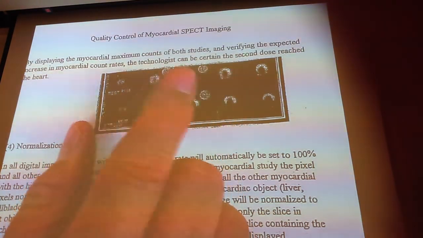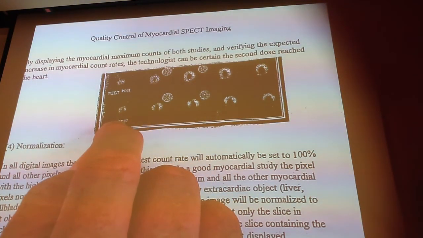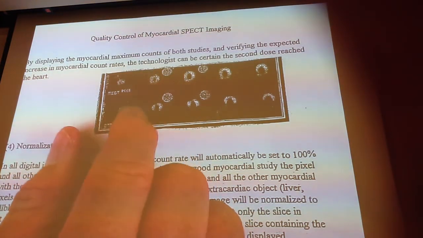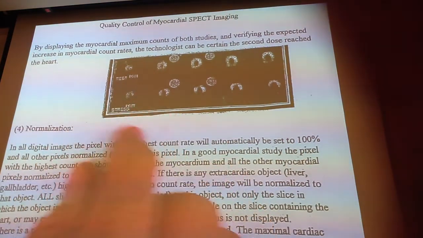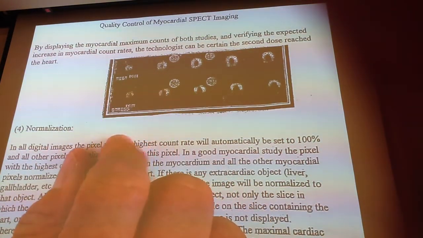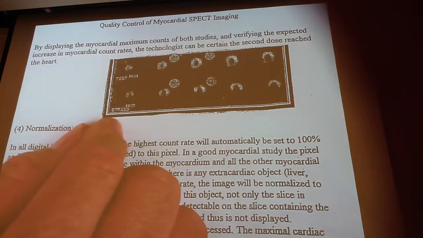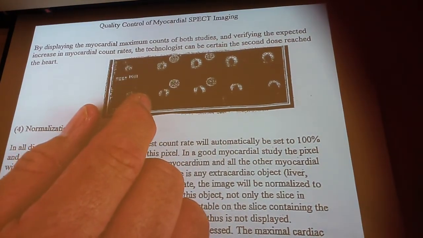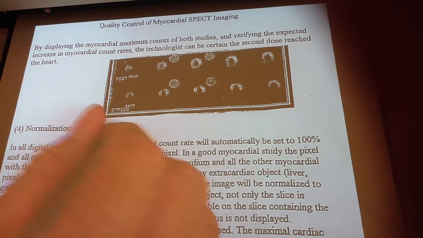And that's why you've got to be very careful, because if the computer selects an area like in the gut or in the liver, and it thinks that's the heart, then it's going to adjust or normalize the images to that. So you may actually have a situation where there will not be any activity in one of your images because it saw the activity in the gut and says, oh, okay, well, when I try to normalize it to the other picture that John took, there's nothing there, comparatively. Does that make sense? Yeah. Okay.